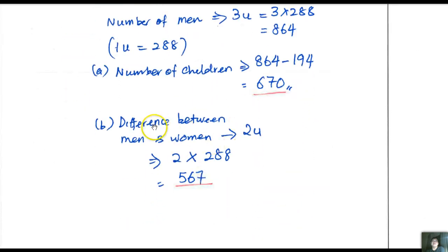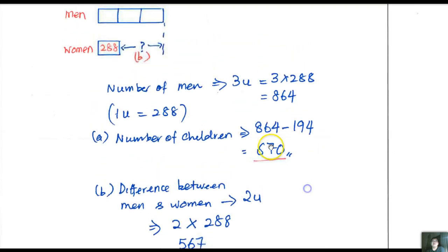Next, the difference between men and women, very easy. Take a look here, right? The difference is here, B. Now if you look up on top, B, this is the number of men more than women, which is actually 2u. This u and this u is the same line.